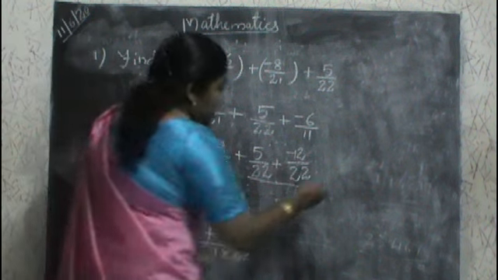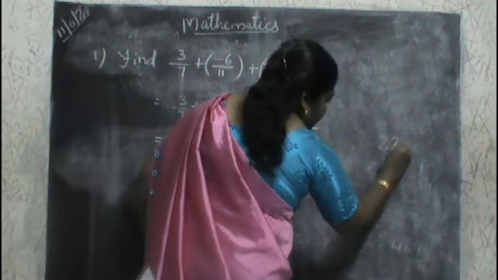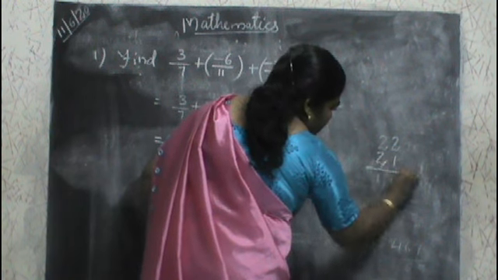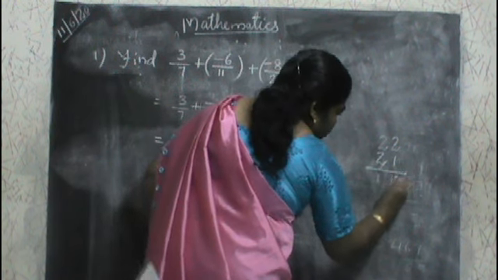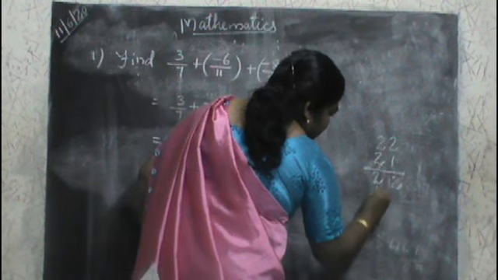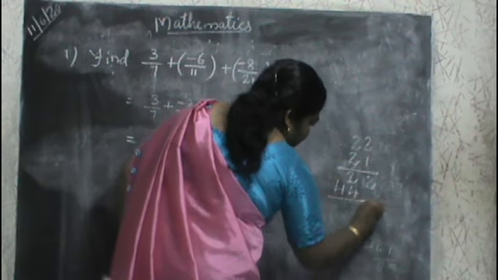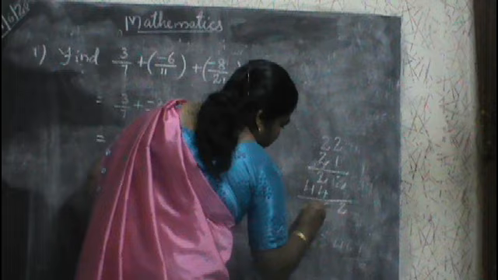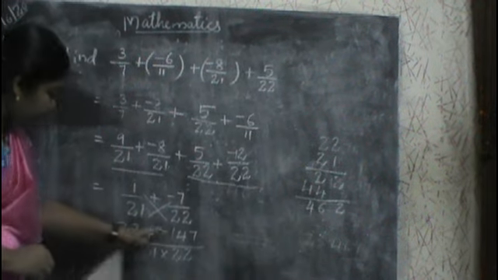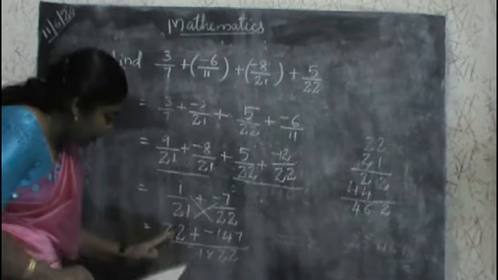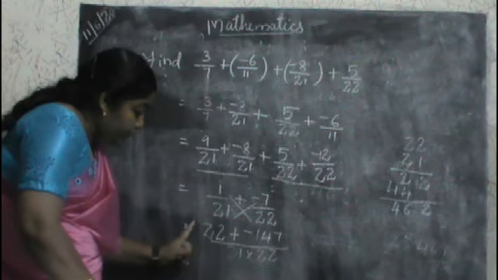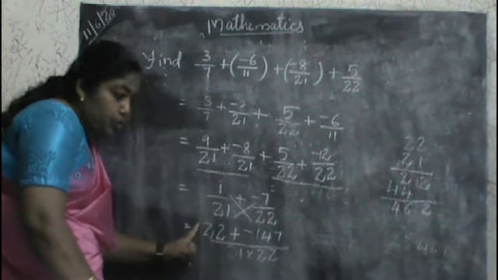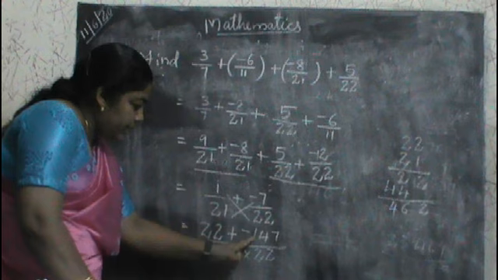Now we can find 22 into 21. 1 2s are 2, 1 2s are 2, 2 2s are 4, 2 2s are 4. That is 2, 6, 4. Now what is minus 147 plus 22? Both have different signs. Here 22 has a plus sign and here it is minus.